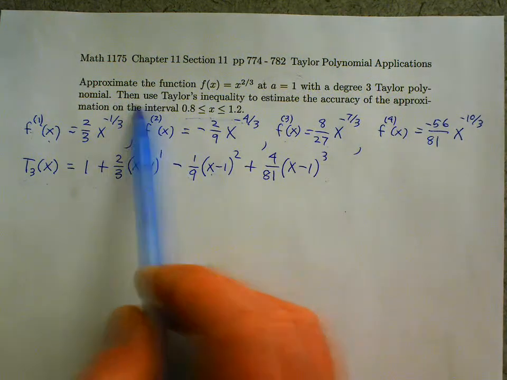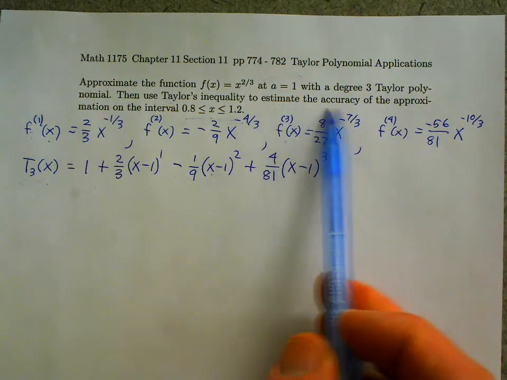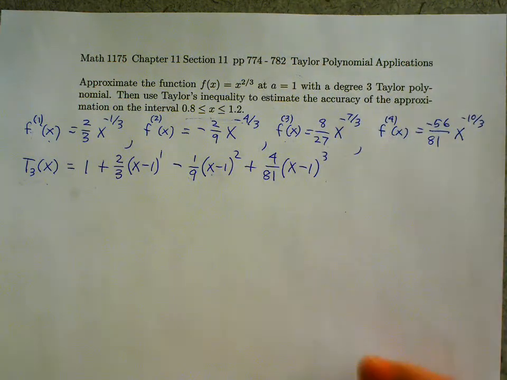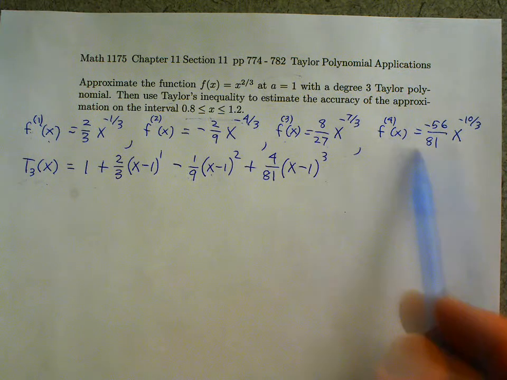Okay, now we're going to use Taylor's inequality to estimate the accuracy of the approximation. So this is why we need the fourth derivative.